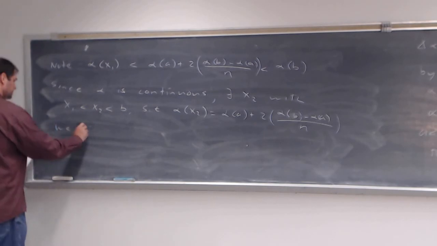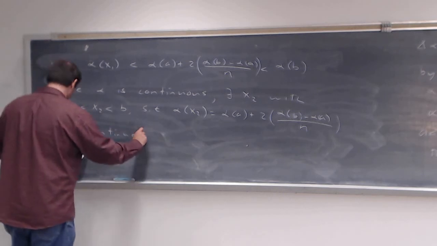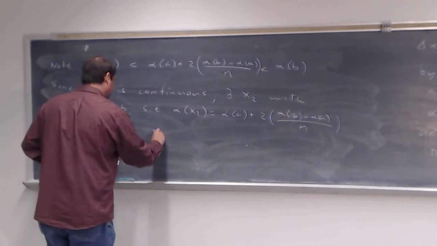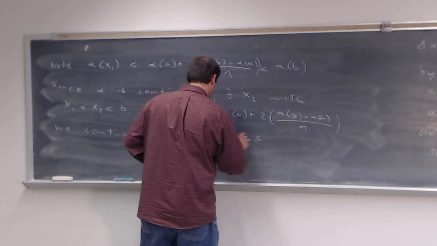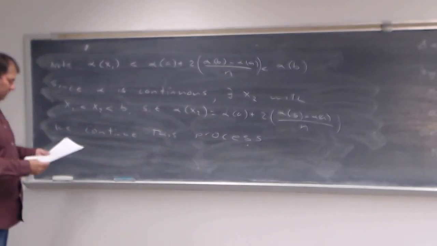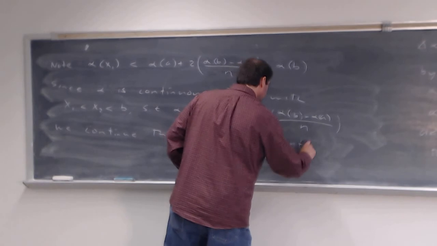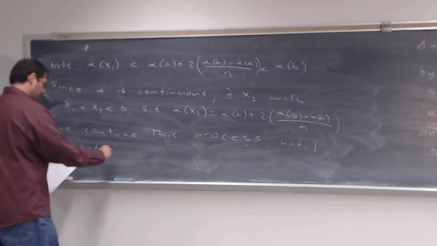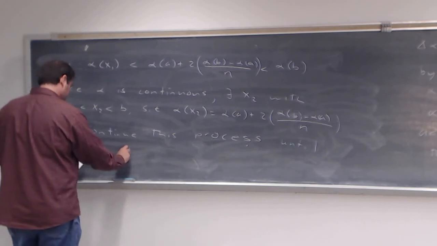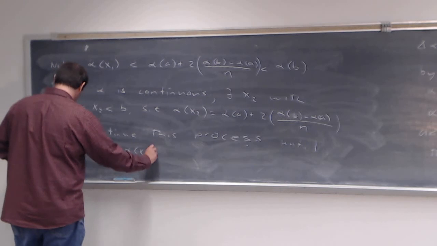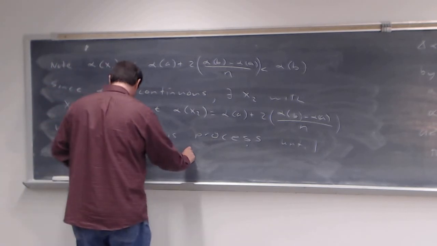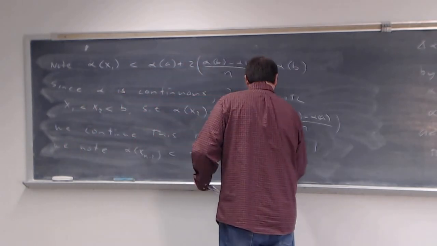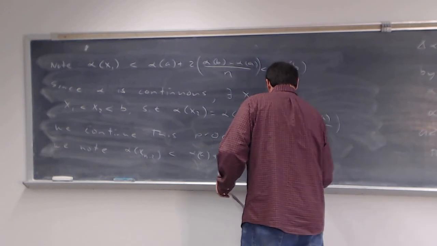We continue this process until we note the existence of alpha of x sub n minus 2, which is less than alpha of a plus n minus 1 times alpha of b minus alpha of a, all over n.